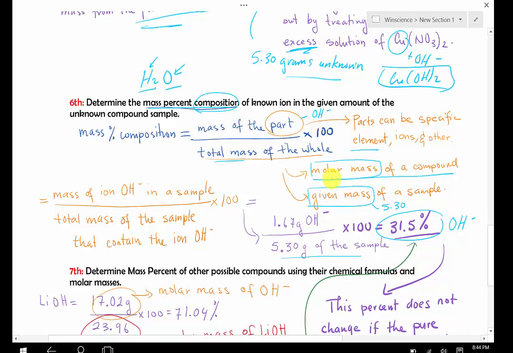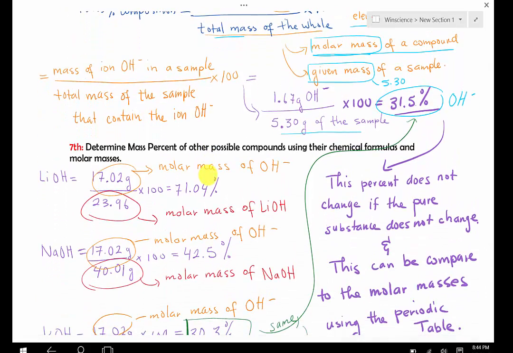Now, going back to the fact that molar mass can also be used to represent percentage, what does that mean? Let's look at an example. Here I have lithium hydroxide. I can use a periodic table to find the percent composition of hydroxide relative to the entire compound.